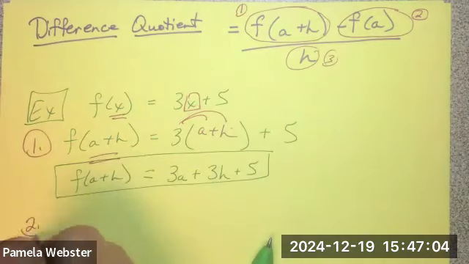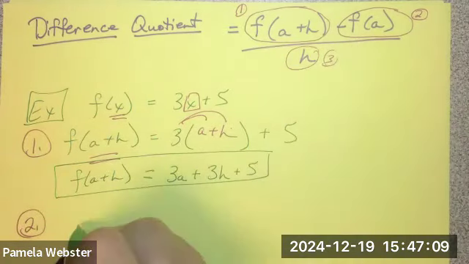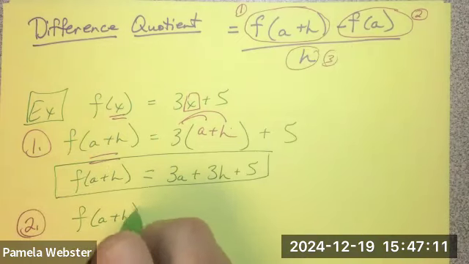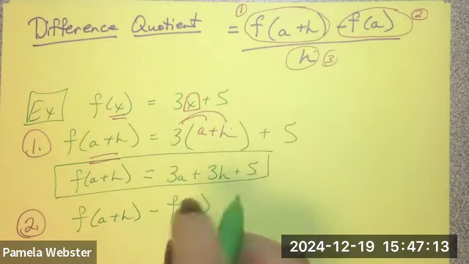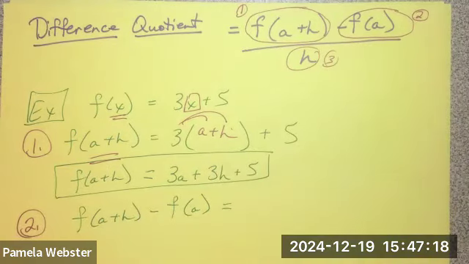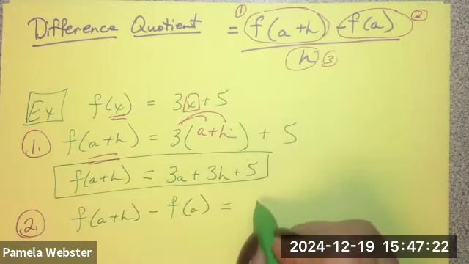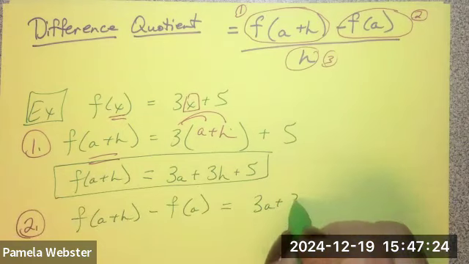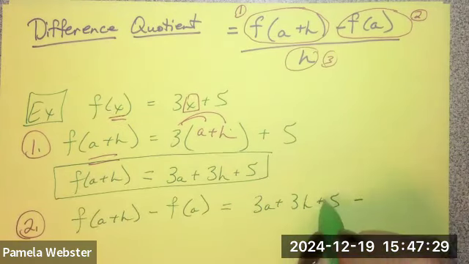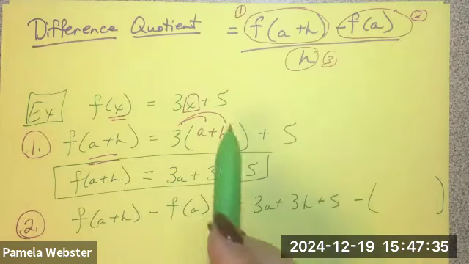Then the second step is subtract off the original function. So it looks like f of a plus h minus f of a, and notice that we're plugging in the a there. So it's going to be the f of a plus h. We just found that, so that's nice. 3a plus 3h plus 5 minus, I'm going to subtract off the function. I hope you'll put parentheses so that you can distribute that negative sign through.